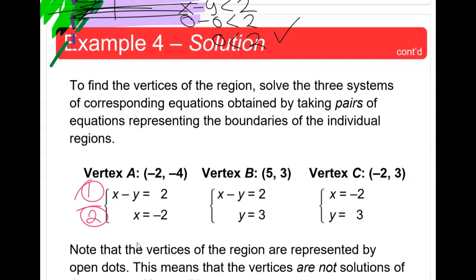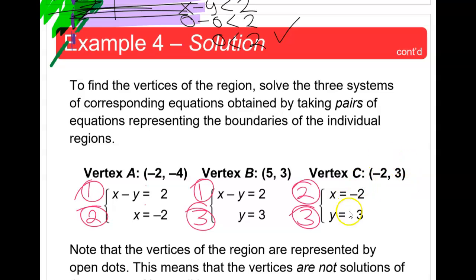And then here for vertex B is equations 1 and 3, or inequalities, but here we're turning them into equations, as you can see. And the third one will be inequalities 2 and 3, but here are equations. So if we solve that, those will be the vertices.